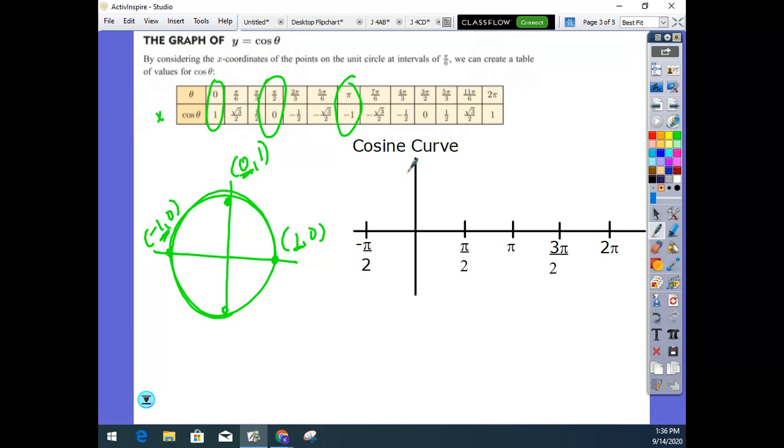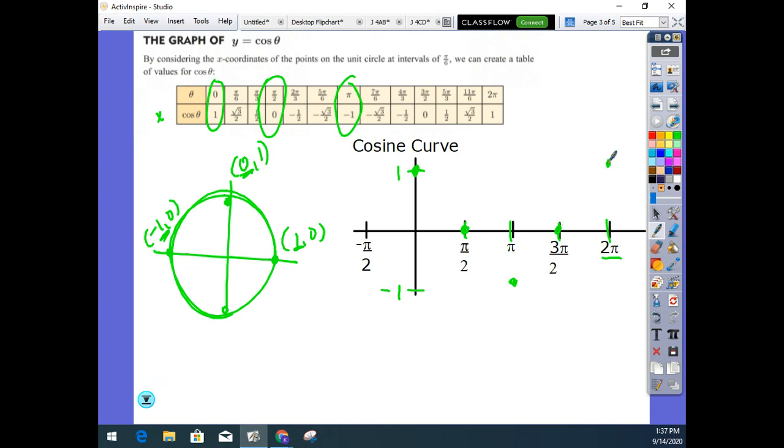So we're going to do the same thing. Mark negative pi over 2, pi over 2. We just go up by pi over 2 each time, ending with 2 pi. Just remember, sine starts at 0, cosine starts at 1, and it goes down.